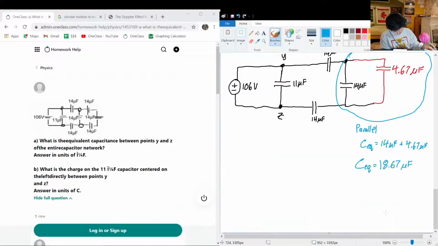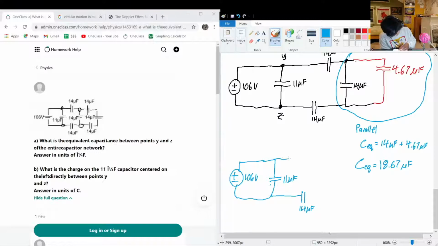Okay, so to redraw our circuit one more time, we're going to have something like this, 106 volts. Here we're going to have 11 microfarads, 14 microfarads. On the top was also 14. And over here we have 18.67 microfarads. Now let's do a different color, green.